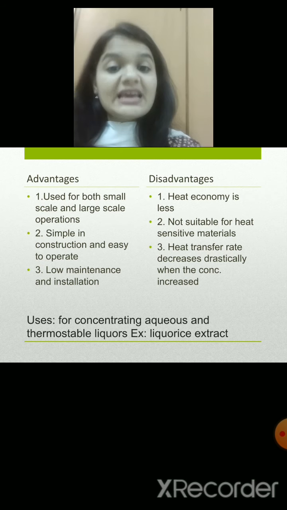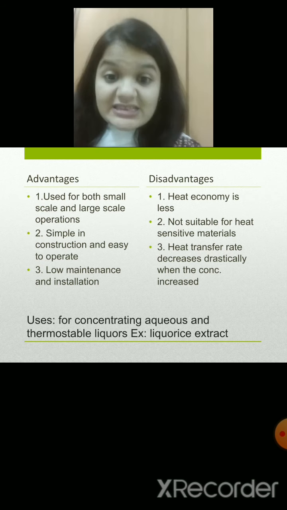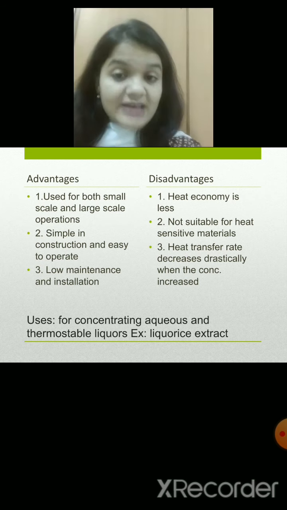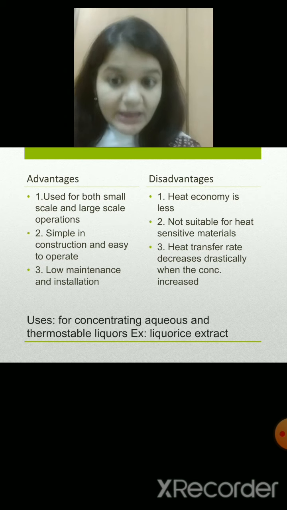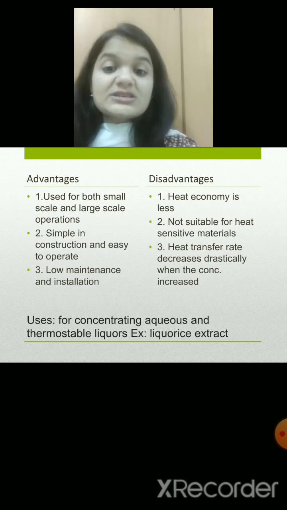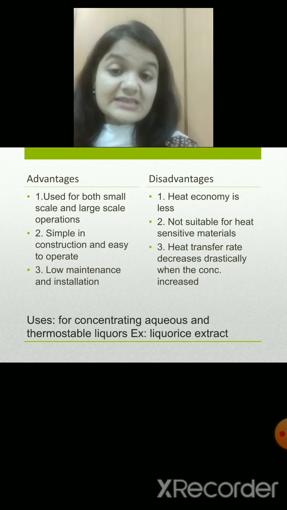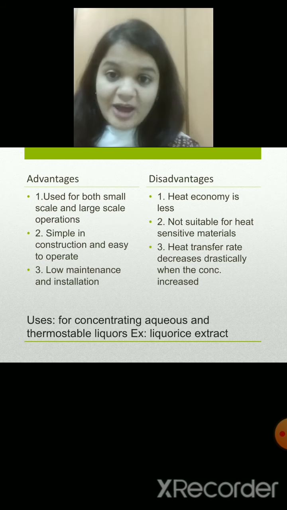Third, heat transfer rate decreases drastically when the concentration gets increased. As I told you, it forms film. It is used for concentrating aqueous and thermostable liquids. We can take the example of licorice extract.